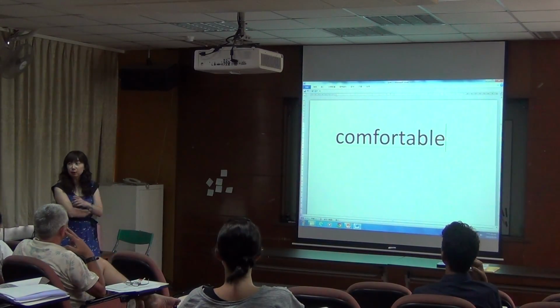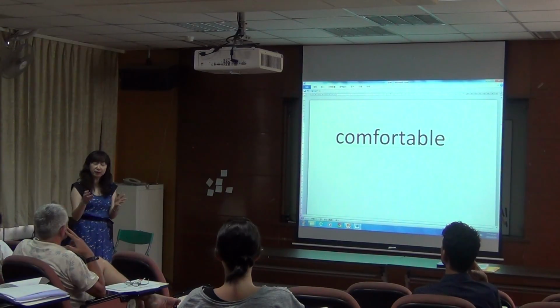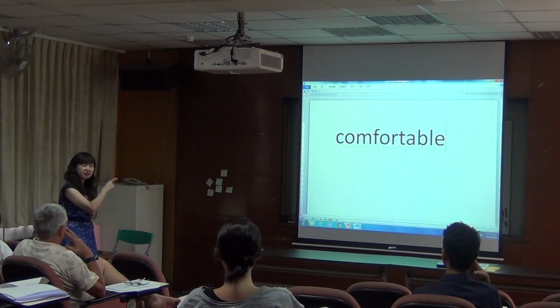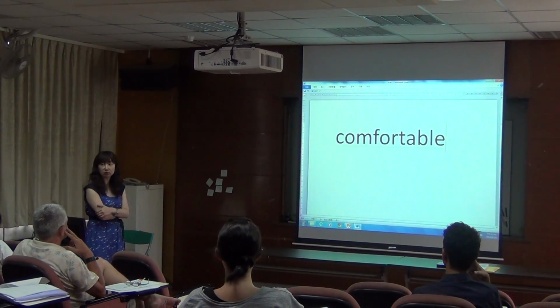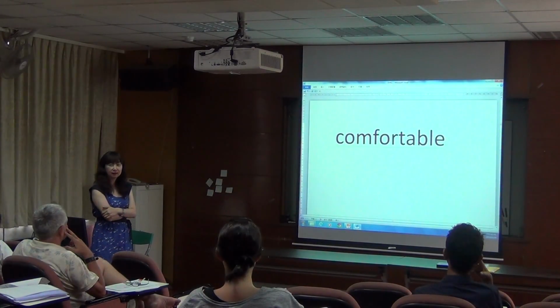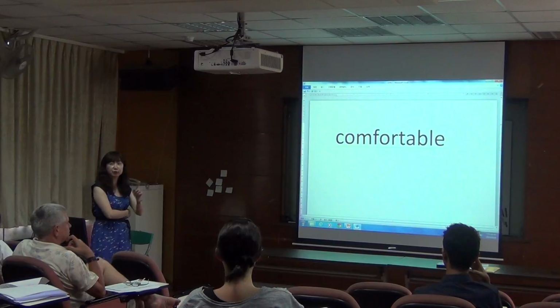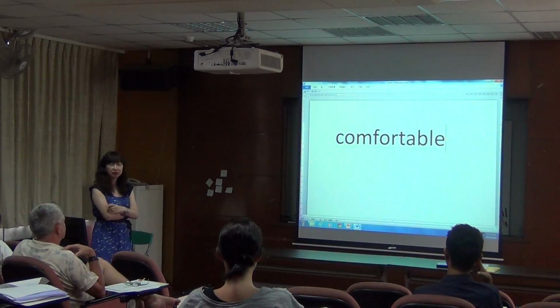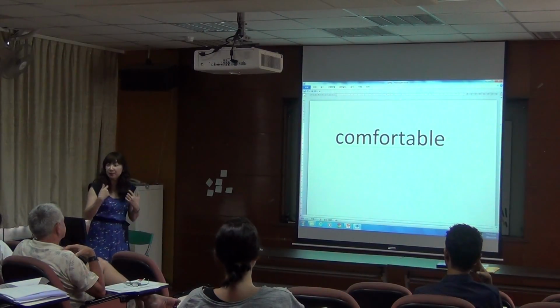Then you ask the kids, okay, now if it's two or more syllables, then we need to have what? Stress. So if the stress is on 1, ask the kids to sound it out. Comfortable, right? If it's on 2, comfortable. If it's on 3, comfortable. Usually what I do is that I use my body as a stress.